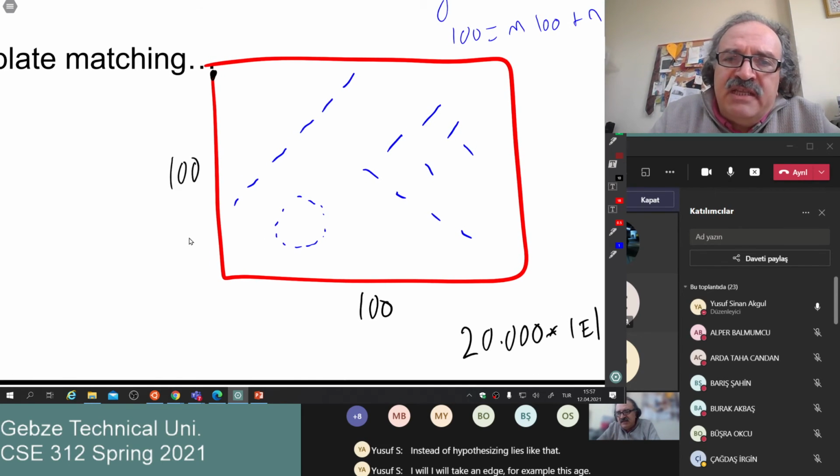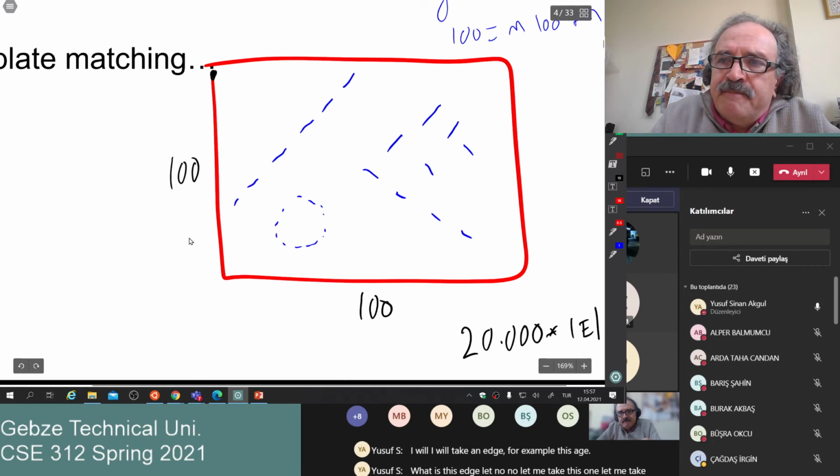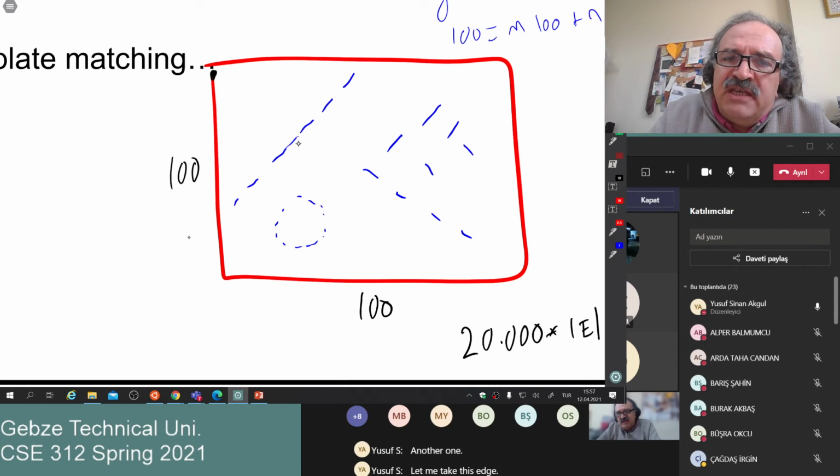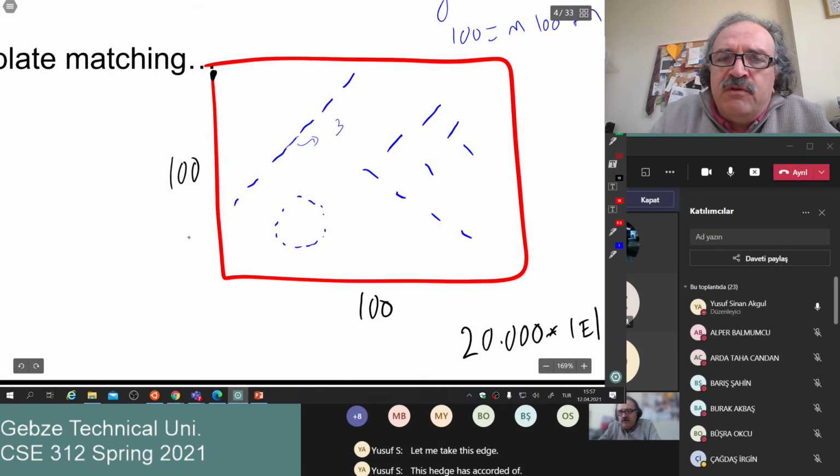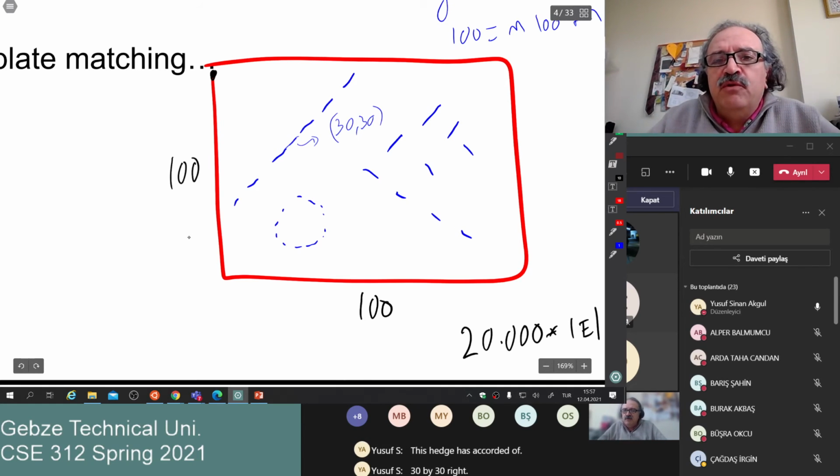What is this edge? Let me take another one. Let me take this edge. This edge has a coordinate of 30 by 30, right? 30 by 30.